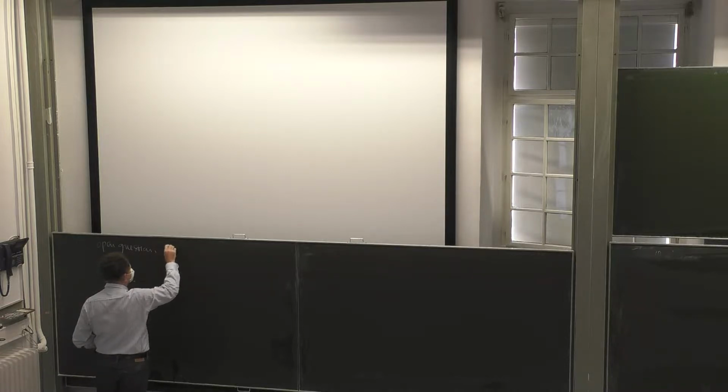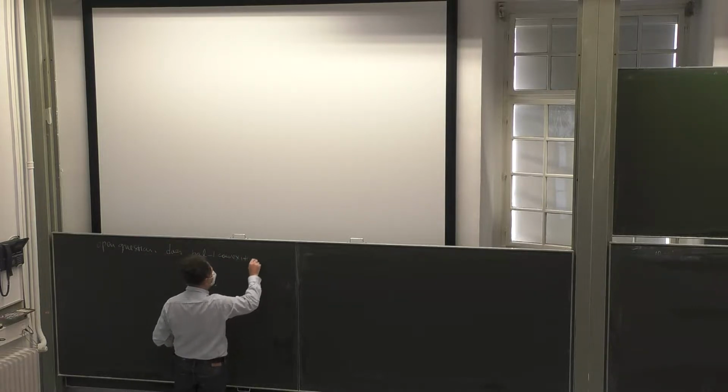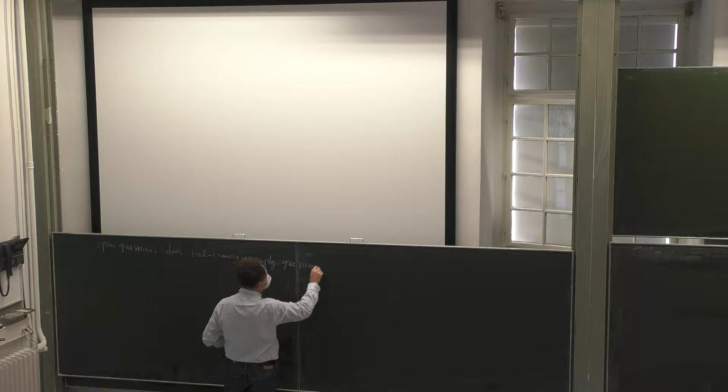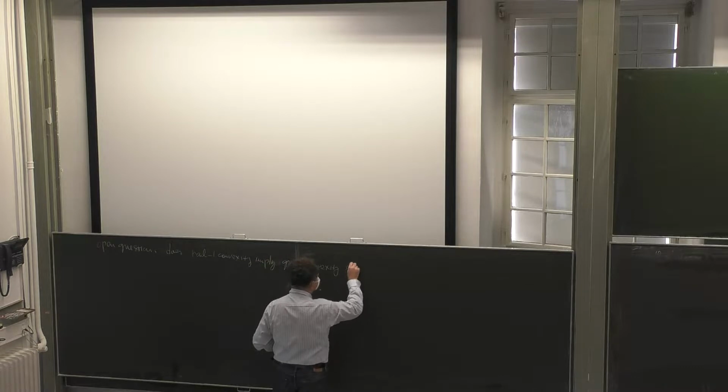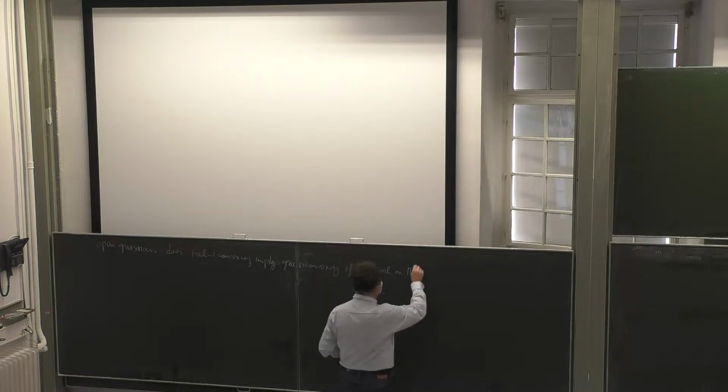Does rank 1 convexity imply quasiconvexity if we work on R 2 times 2?